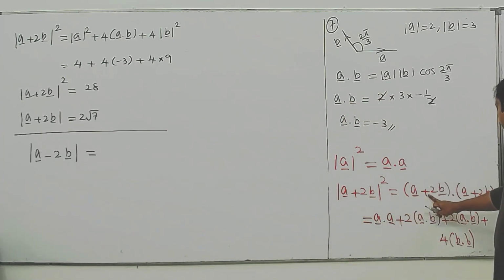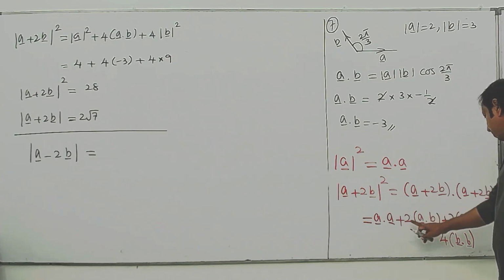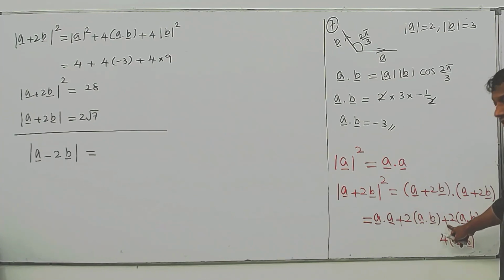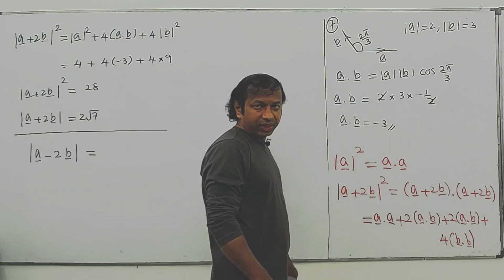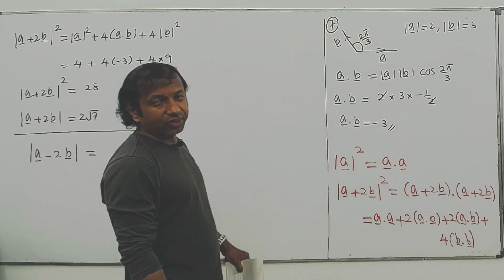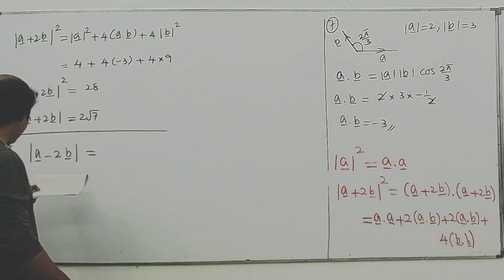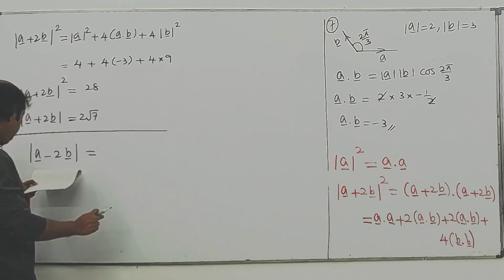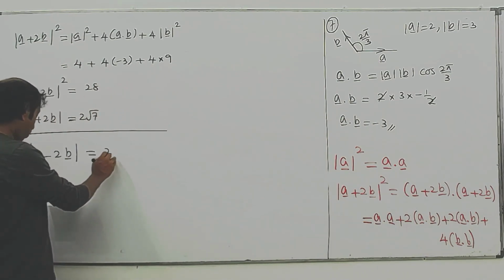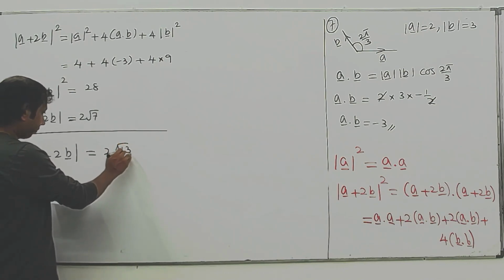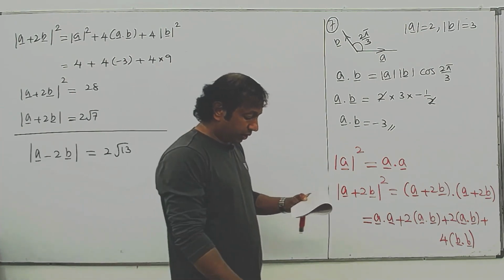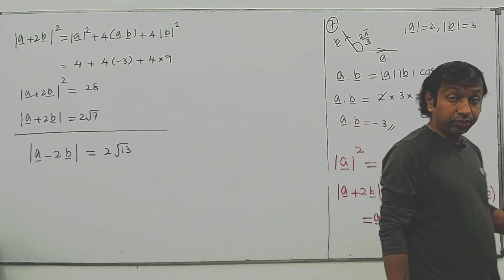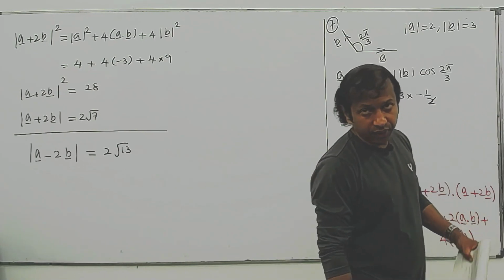This will be minus, this will be minus. Then the same steps. Do that as homework, and once you find mod of A minus 2B, you will get the answer as 2 root 13. Find that.